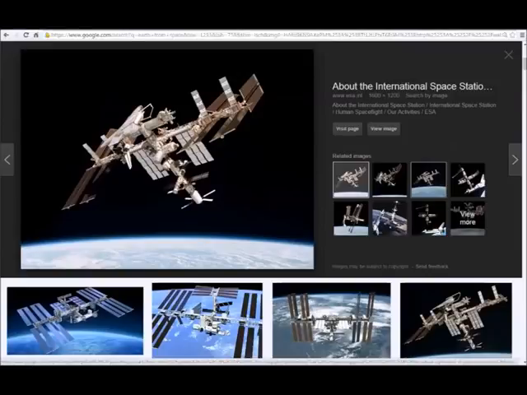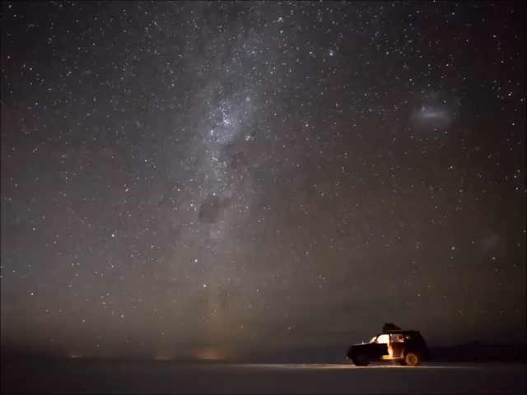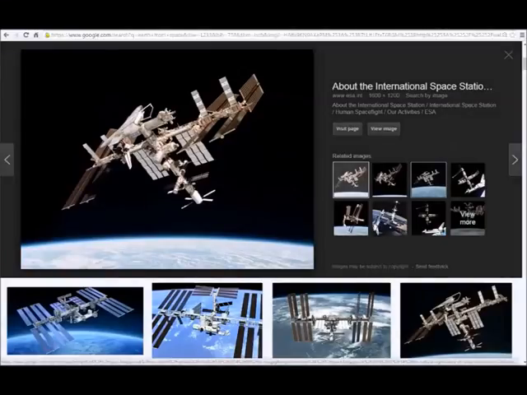It's sort of silly that I have to point this out, but this picture here of the International Space Station does not make any sense. Where is the background? I'm a bit baffled. Here we see this in the Salar. With this International Space Station we see nothing. There's a serious problem here.